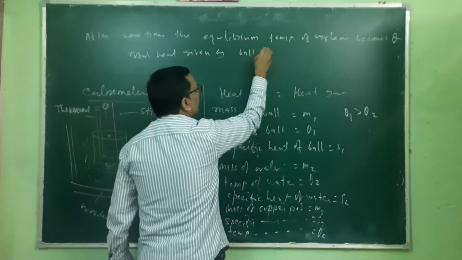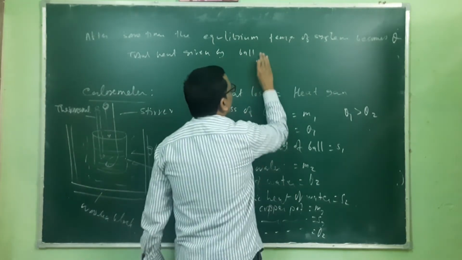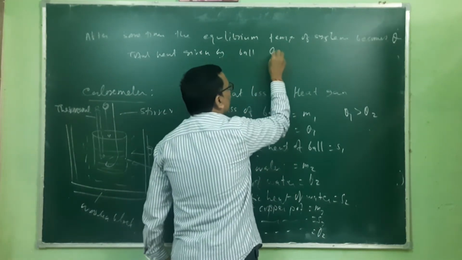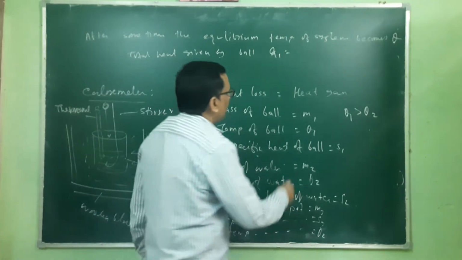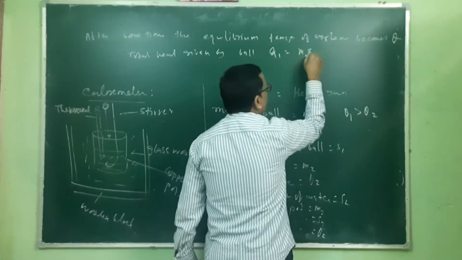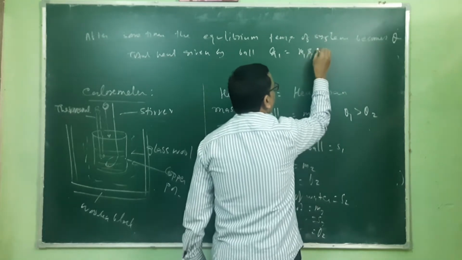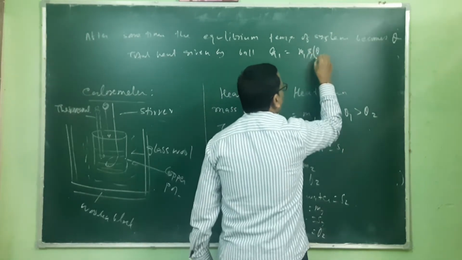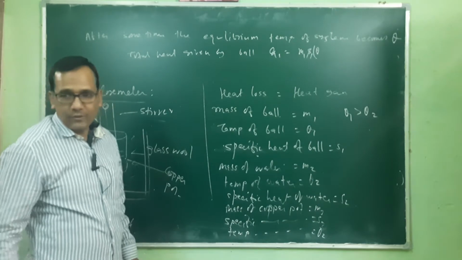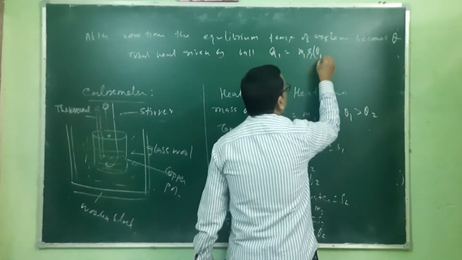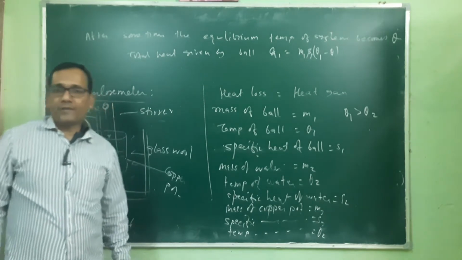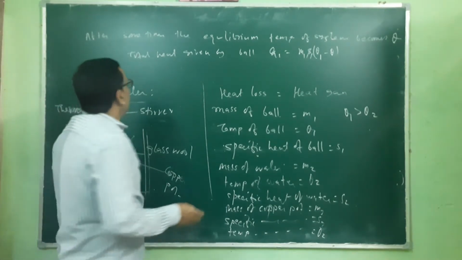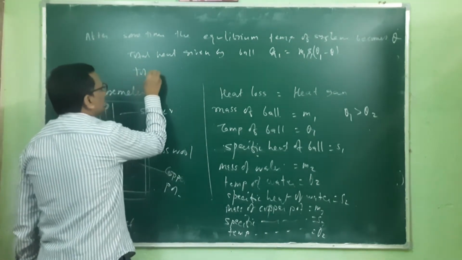The total heat given by the ball, let's say Q1, is equal to mass of ball M1, specific heat S1, and the temperature difference from the high temperature to the equilibrium temperature, theta1 minus theta.